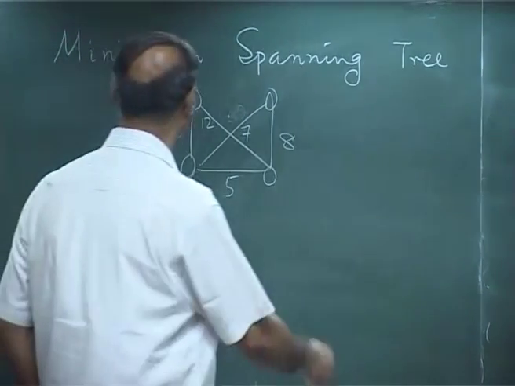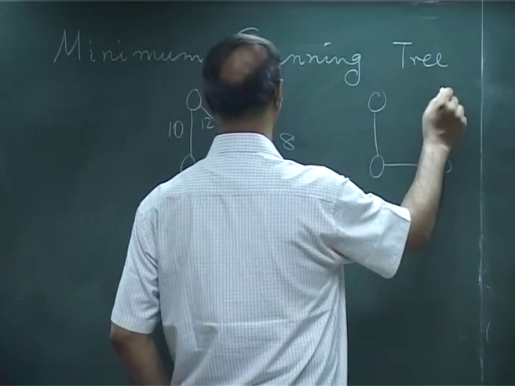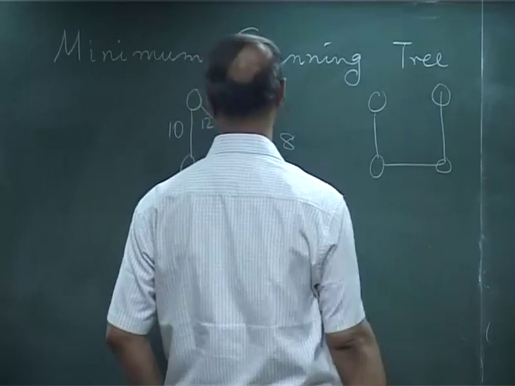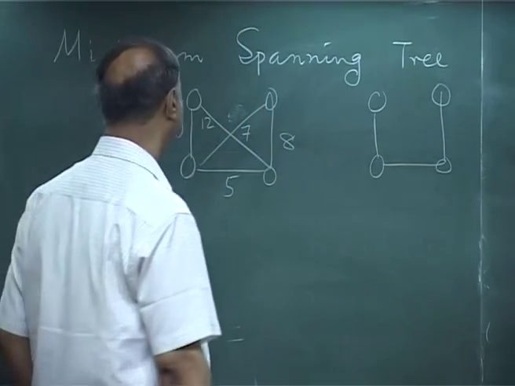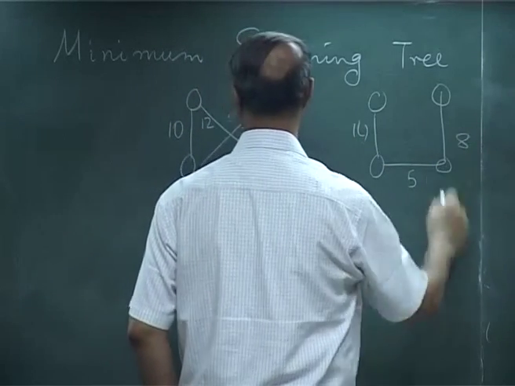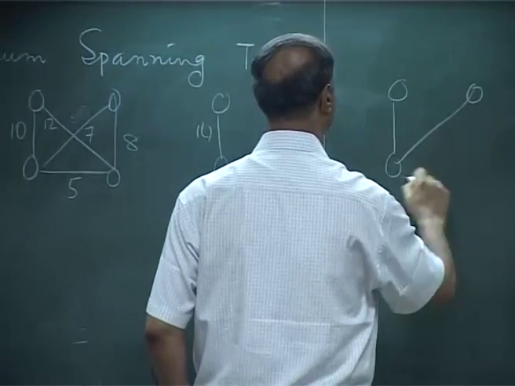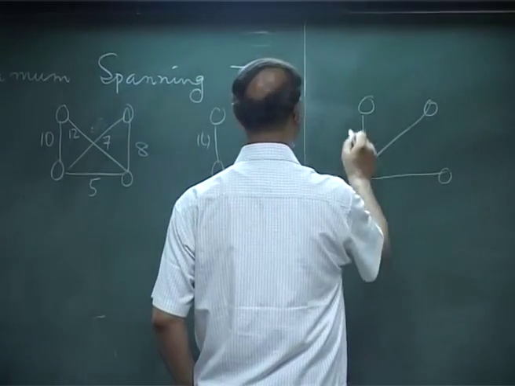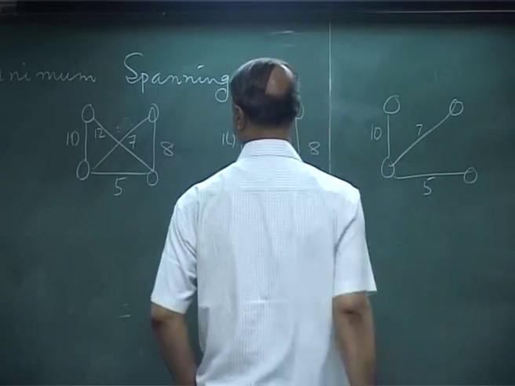So for this graph, one spanning tree could be this one. Okay, so this is 10, 5, and 8. Another spanning tree could be this one, whose weights are 10, 7, and 5.